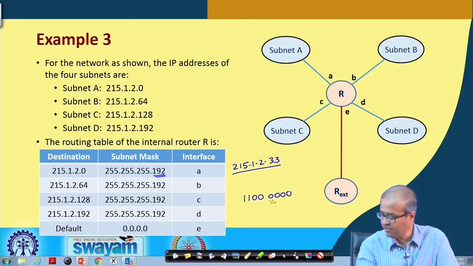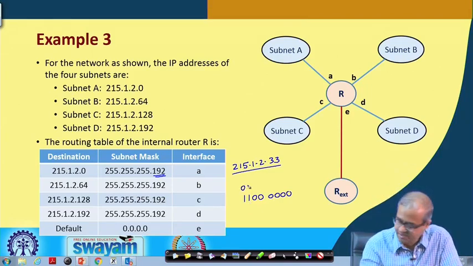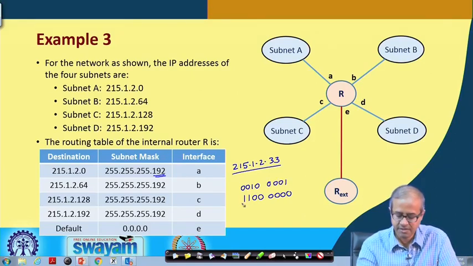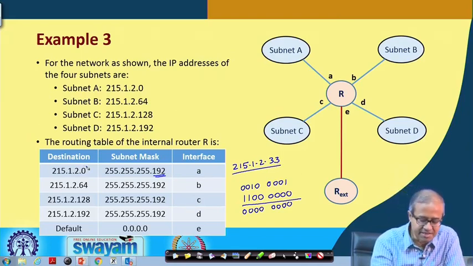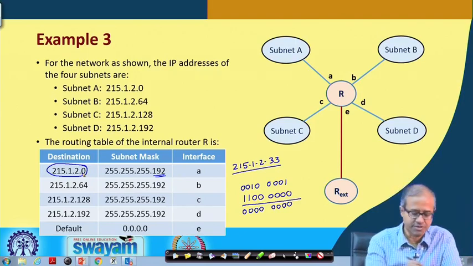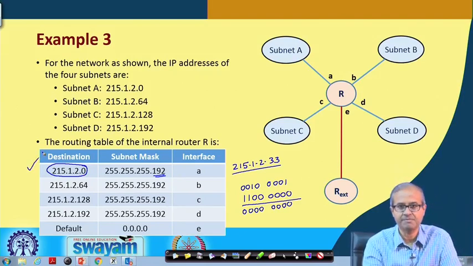Now, this 33 we will have to AND with this. What is 33? 33 is 0010 0001, 32 plus 1. If we do a bit by bit AND, it will become all zeros. So, the last byte will become 0. So, there will be a match with this 215.1.2.0. In the first row there is a match.